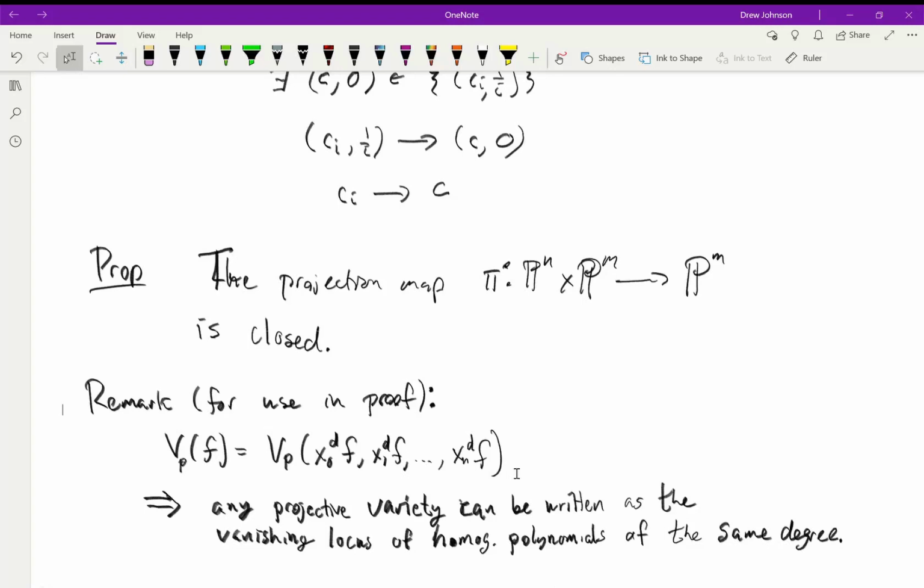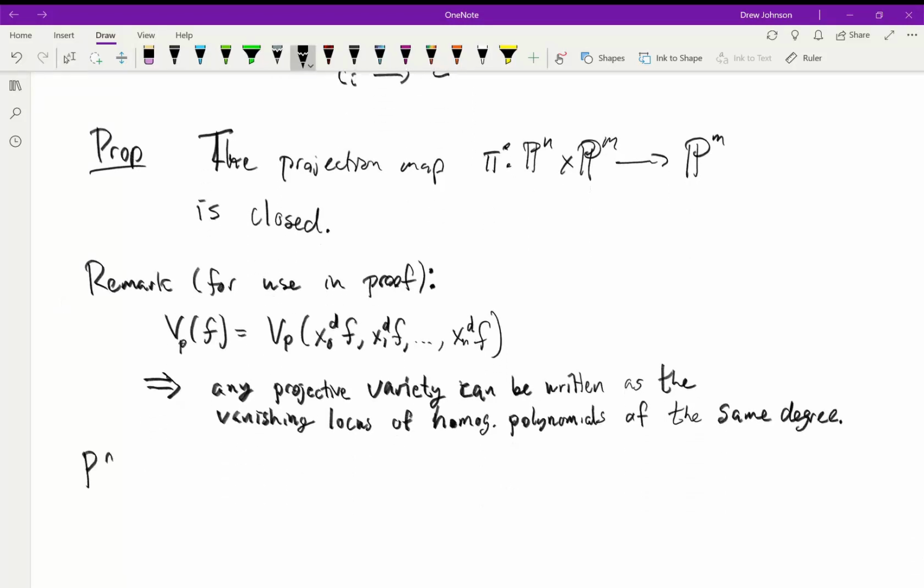The consequence is any projective variety can be written as a vanishing locus of homogeneous polynomials, all of the same degree. If there were different degrees of your homogeneous polynomials, the ones of smaller degree you could just bump up by using this little trick right there.